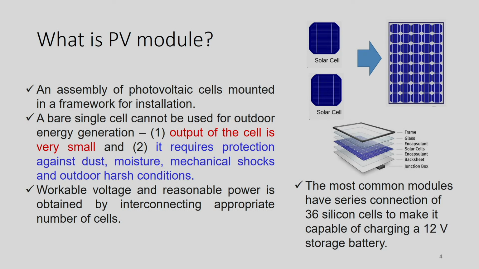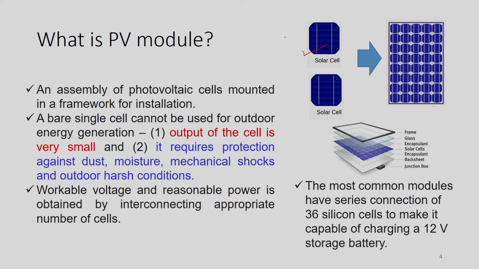A PV module is an assembly of photovoltaic cells mounted in a framework for installation. As you can see, this is a single solar cell. This single bare cell cannot be used for outdoor applications because its output is very less.